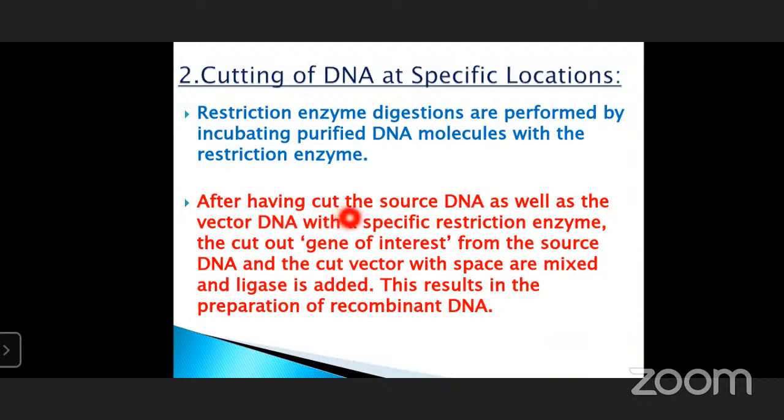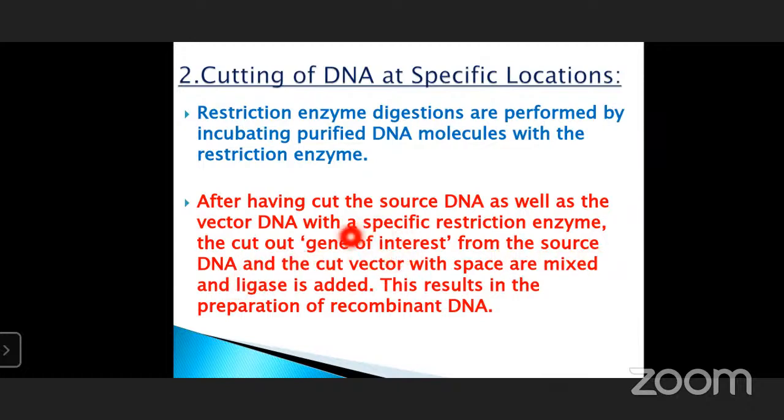After having cut the source DNA, the vector DNA is also cut at a specific site with the same restriction enzyme. Listen carefully. Source DNA is cut at a unique site with the help of a restriction enzyme, and the same restriction enzyme is also used to cut the vector DNA at a specific site. After cutting, the gene of interest is cut out from the source DNA.